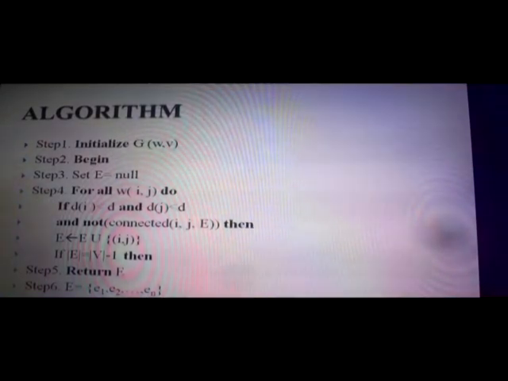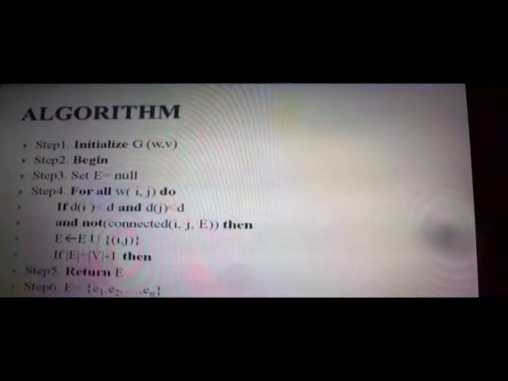Edge W_ij is included in E if it does not violate the degree constraint in vertices i and j and these vertices are not connected with other edges in E. The procedure terminates when a complete spanning tree has been built. The extracted spanning trees are considered as the input to the optimization phase.